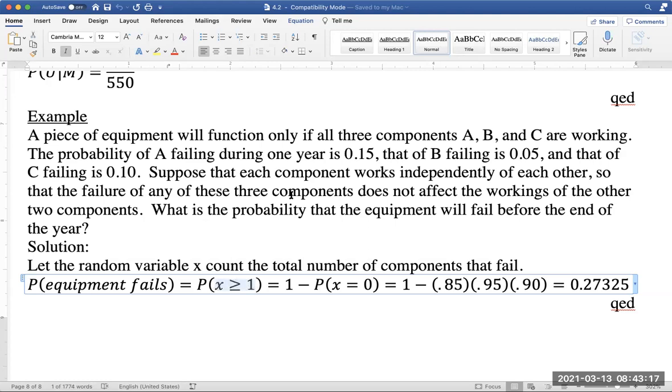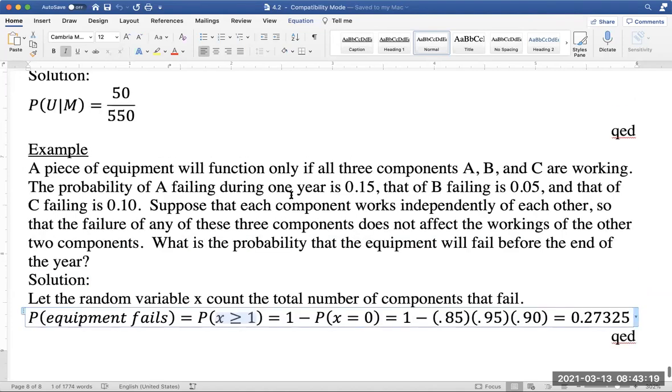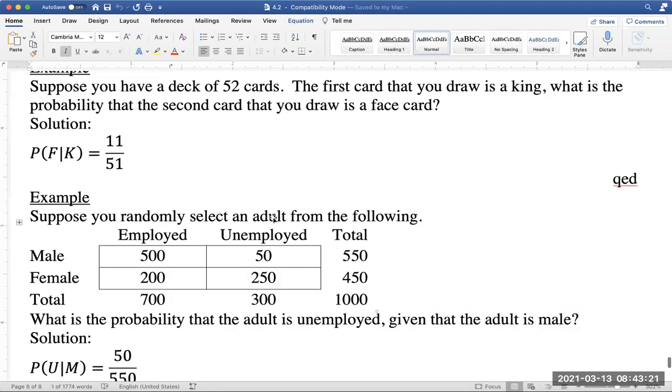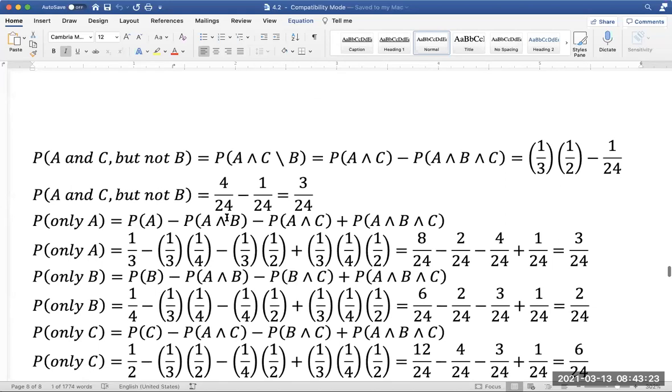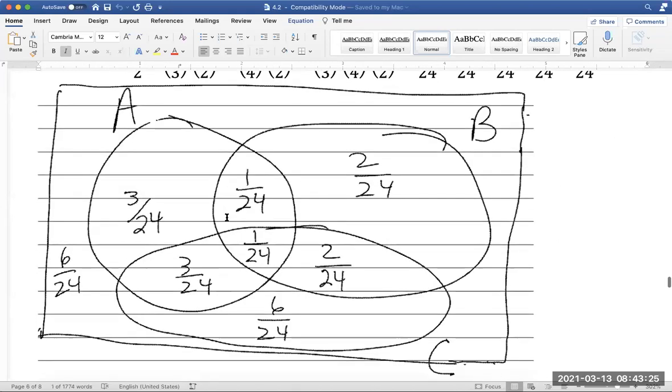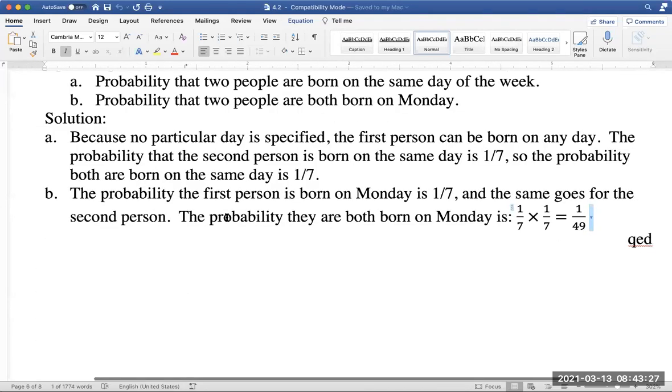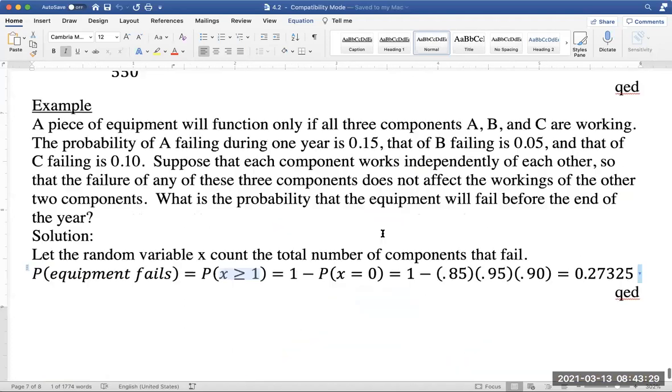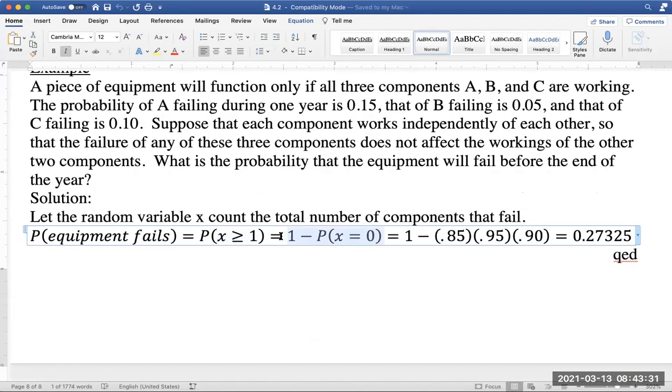Now, again, I could go through a big calculation like I did here, but just like what I did there, it's much easier to do the complementary event. So 1 minus the probability of none of the components failing.